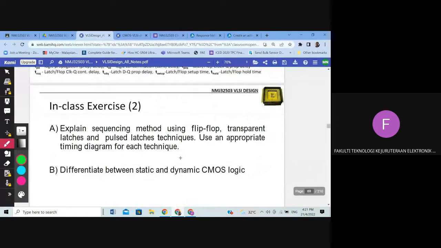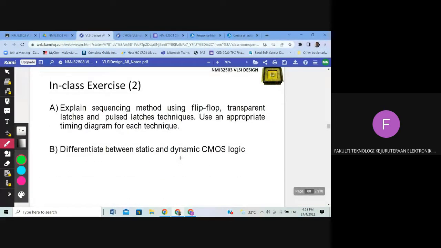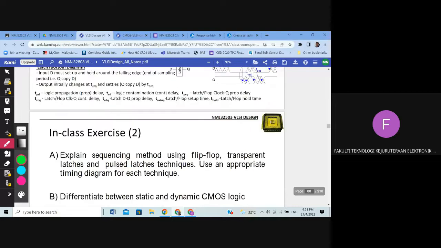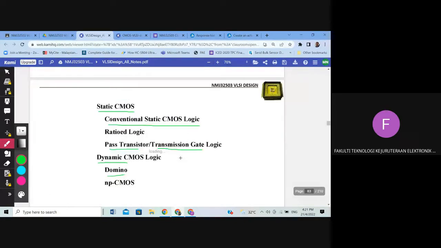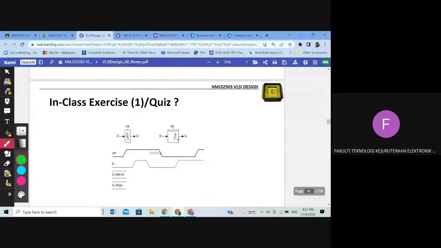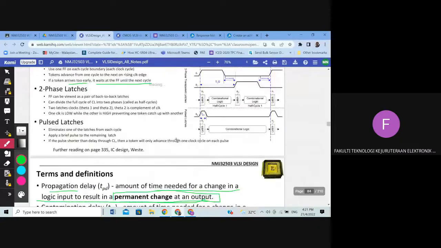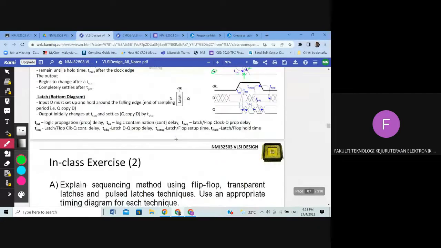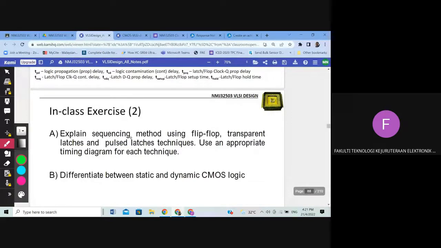All right, this is an example of an exercise that you can use during the 1 hour asynchronous lecture tomorrow. So tomorrow you try to do this question. We have actually 2 exercises already. Exercise number 1 is on the timing diagram, which is this one. Exercise number 2 is on the definitions: explain the sequencing method using flip-flop, transparent latches and pulse latches techniques.